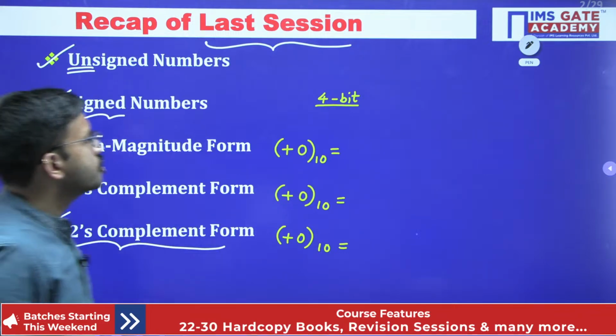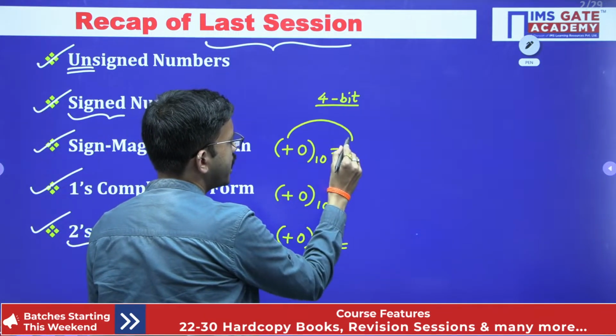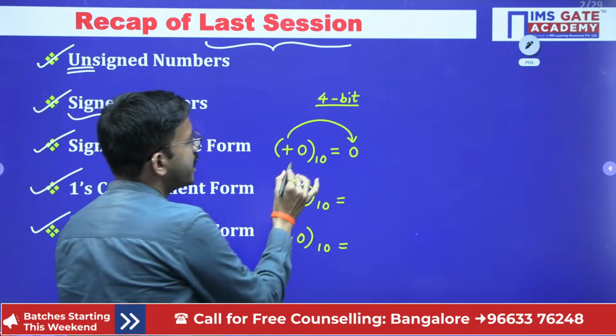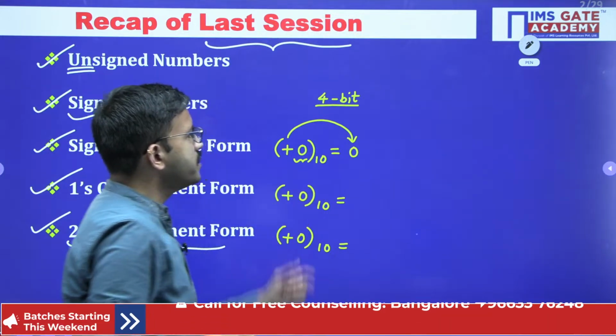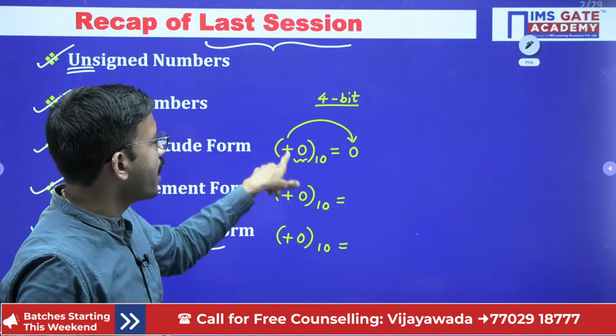According to sign magnitude form, since we have a positive sign, the sign bit should be 0. And regarding the magnitude, we have 0, so simply the other bits should be 0, because the magnitude is 0.